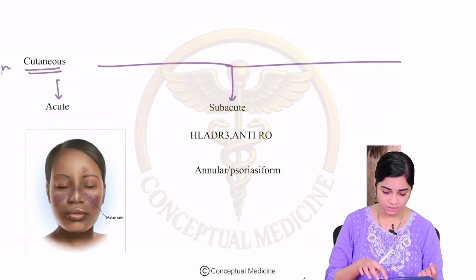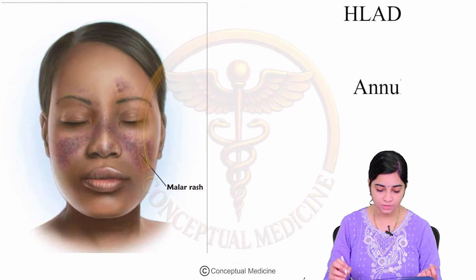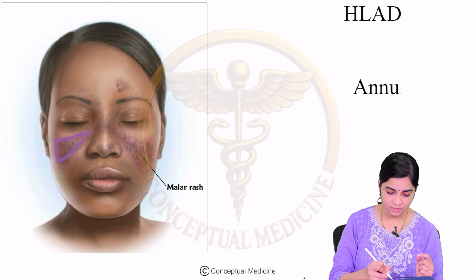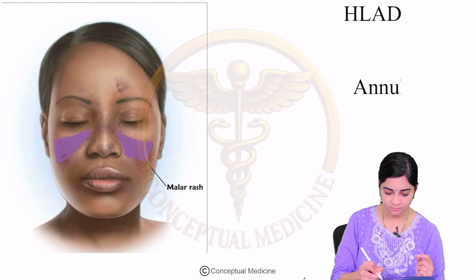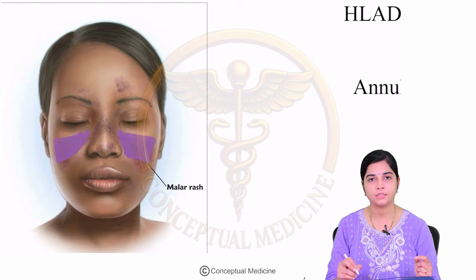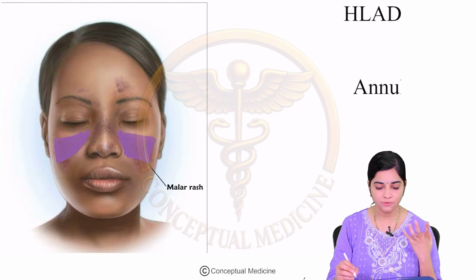Okay, so I'll just enlarge this for you here. Can you see that there is a rash which is involving the malar area, and this is similar to a butterfly, correct? This is what we call the butterfly rash of SLE.